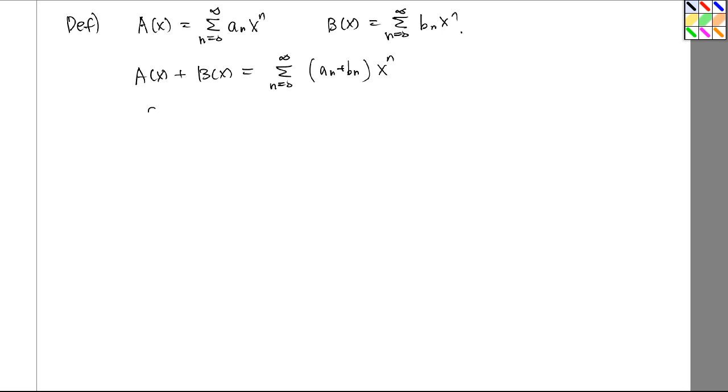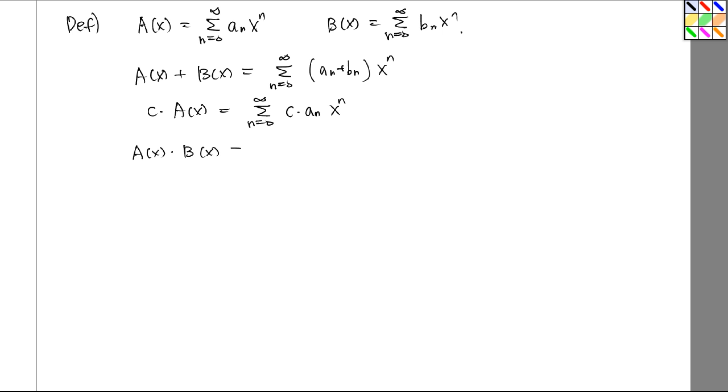And we can multiply a constant to a generating function. In that case, we just multiply that constant to each term. And here is the least trivial operation.